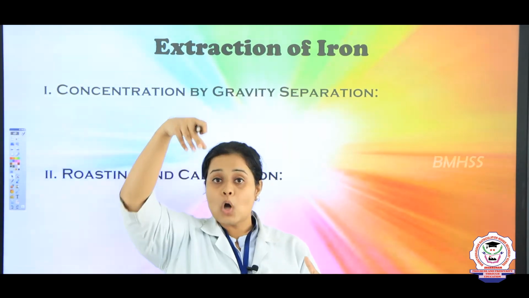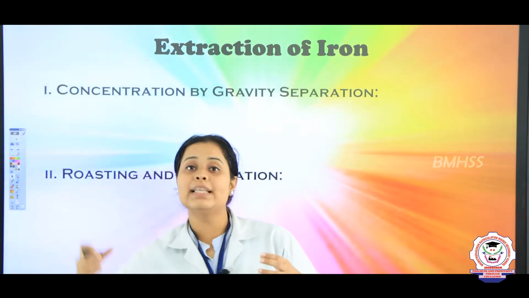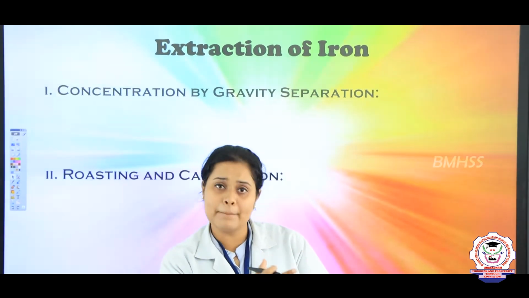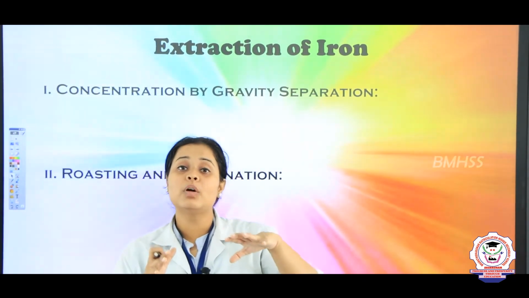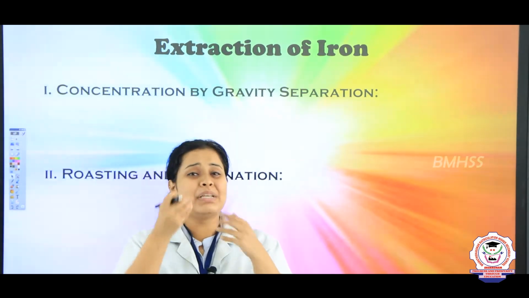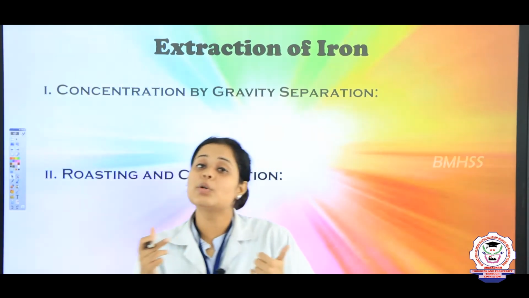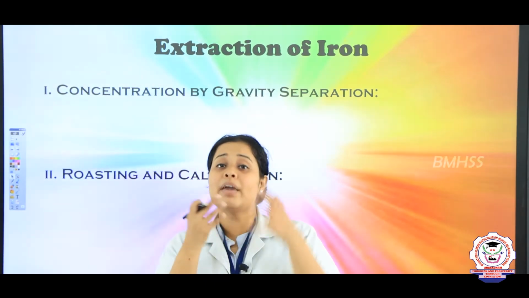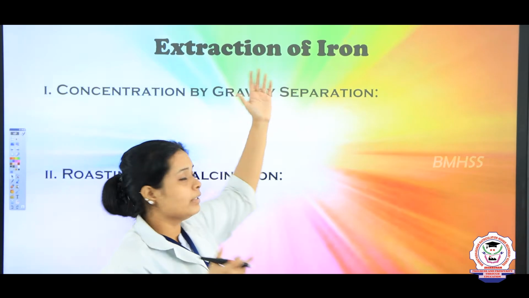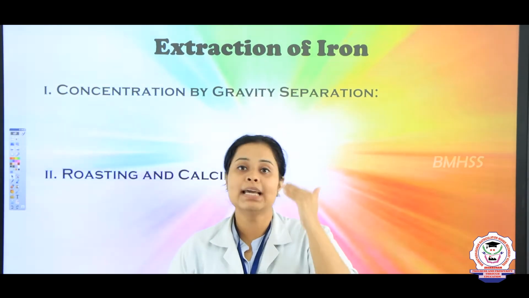After that, from the top you send the ore particles, and from the other side a stream of water comes. That stream of water carries away all the lighter particles, such as sand and other impurities, and later you will see that the heavy particles, that is iron, settle down because the density of iron is very high.